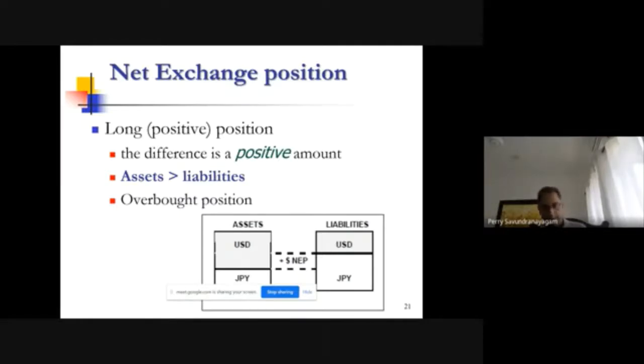So let me give you an example. If I were a bank in Sri Lanka, if I go and give my rupees and build up a position in US dollars, I have an overbought position in US dollars. It's also called a long dollar position.